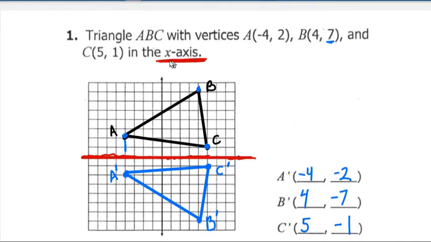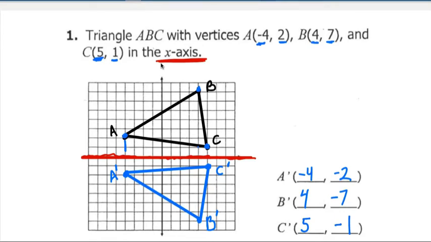Now, one thing you might notice, if we look at our ordered pairs, look at our x coordinates from A prime to A and B to B prime. You'll notice the x coordinates stay the same and something happens to the y coordinates. It's a good way to double check. If my line of reflection is on the x-axis, you'll notice that my y coordinates are the opposite.